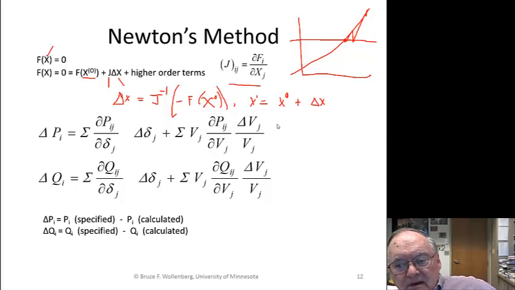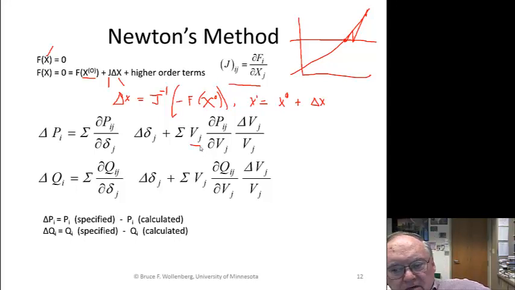We can apply it equally to multi-valued equations. So if I say I want to know the value of p, I say delta p, and I'll take the variables as theta and v, which, again, when you see a v, that's a magnitude.